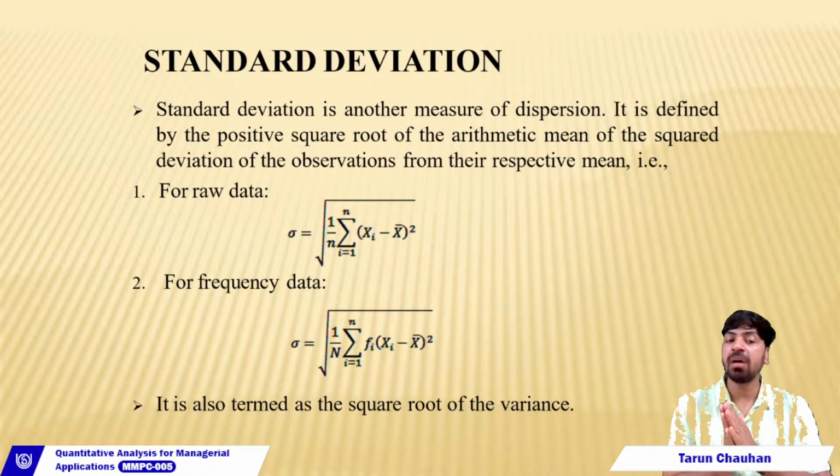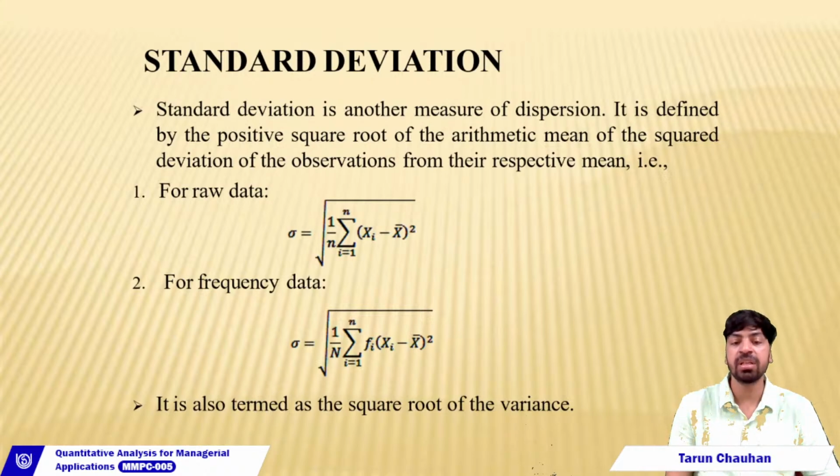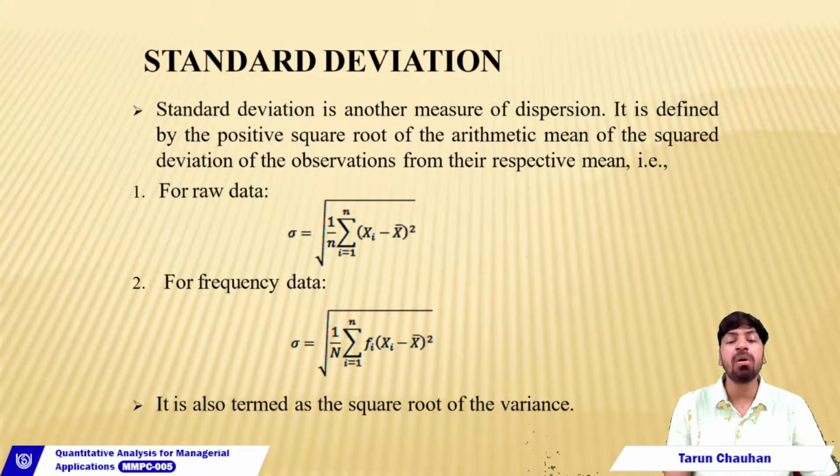When we talk about discrete and continuous data or series, standard deviation is equal to root of sigma f x minus x bar whole square by n. In other words, the standard deviation is also called the square root of the variance.